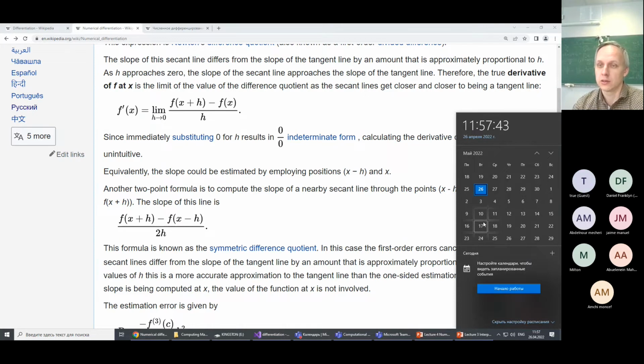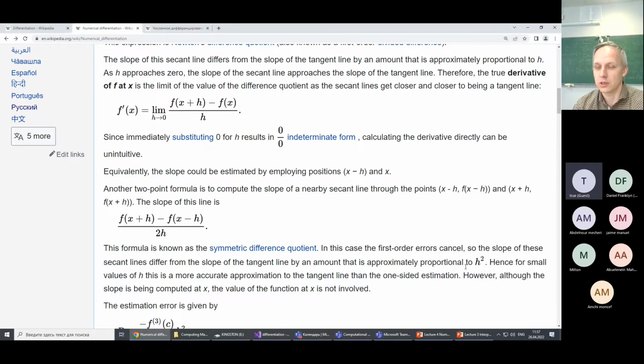So May 3 we consider numerical integration, and in the two last lessons we consider two topics: least square method and numerical solving of differential equations.